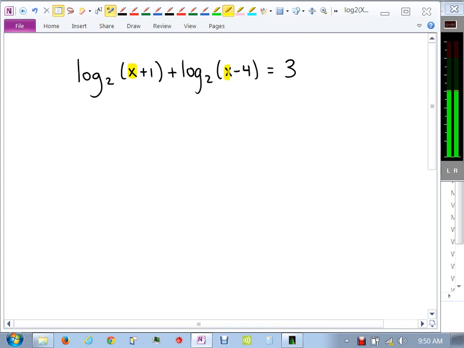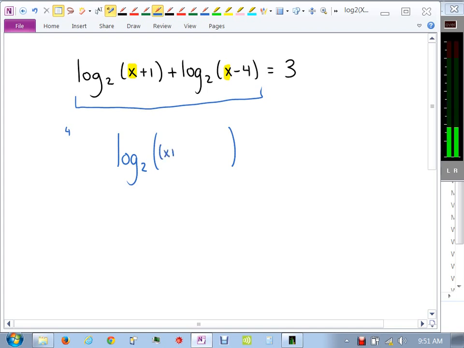So I need to first put the 2 logs into a single log. How can you make 2 logs become 1 log? That property, right? It was property 4, wasn't it? Property 4 says that you can take that, turn it into log base 2, and then multiply the 2 pieces that were inside each log.